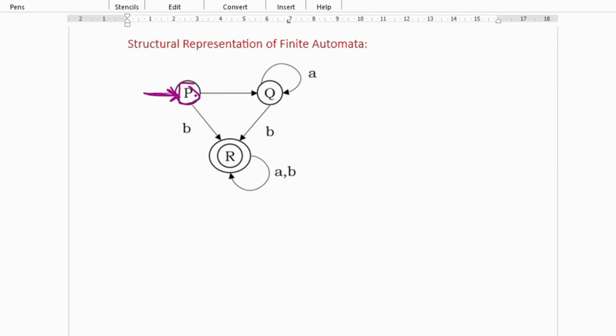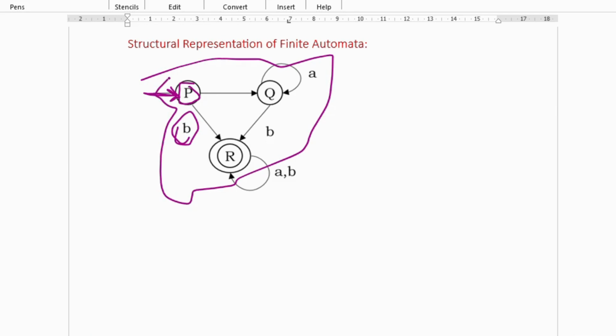From P to R, from the initial state to the final state, we have a transition arrow labeled B. From Q to Q, which is a self loop, we have A, and from Q to R we have B. Similarly, on R there is a self loop with A and also B. This is a simple state diagram so that you can understand.